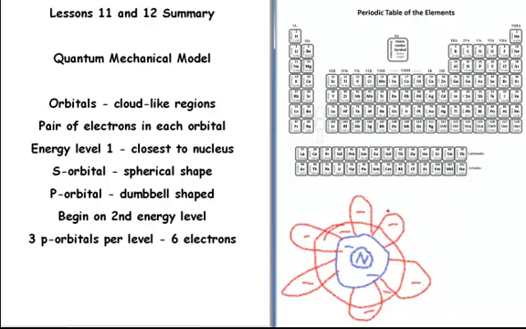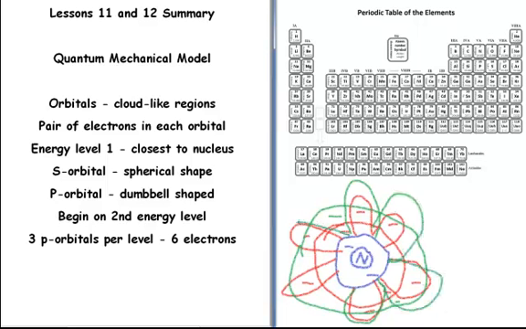Now that's as much room as exists on the second energy level. If an atom has more than 8, 9, 10 electrons that need to be placed, it needs to go ahead and have those electrons move farther out into a third energy level, where there will be another s orbital and another set of 3 p orbitals, each of which hold their pair of electrons.